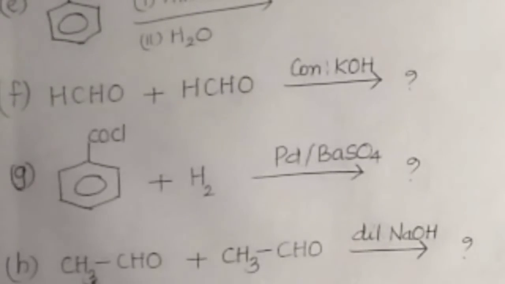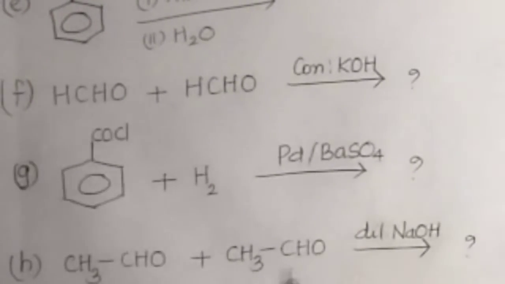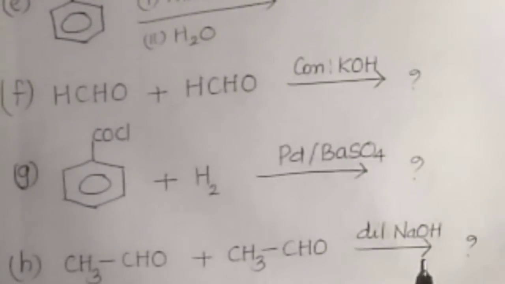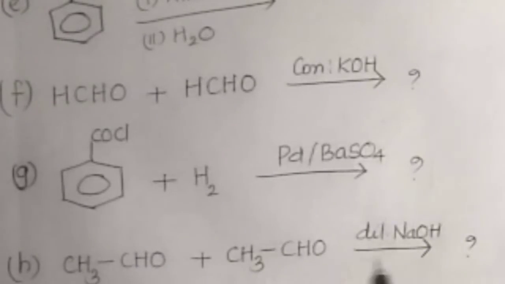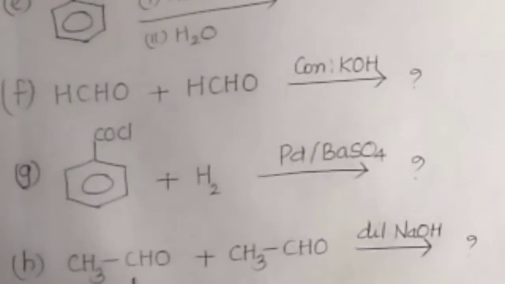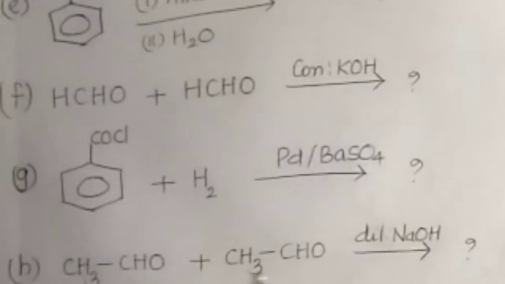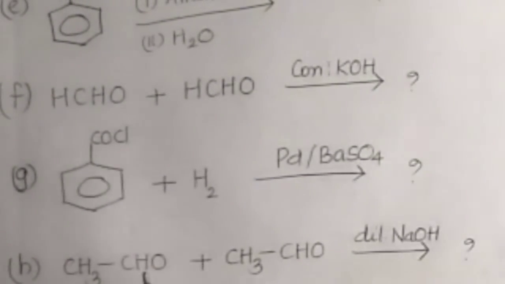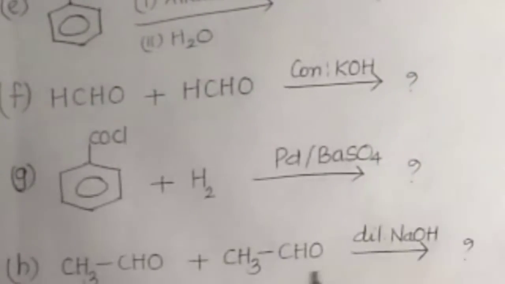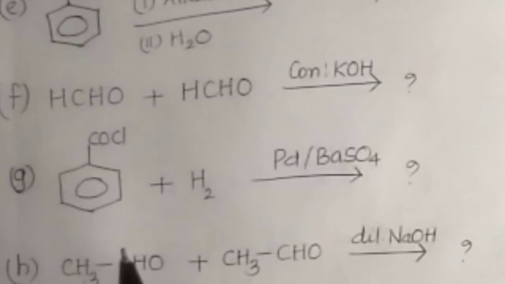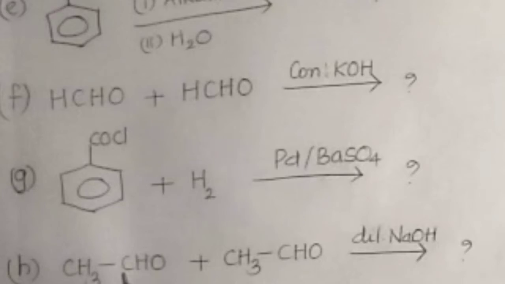Next question, CH3CHO plus CH3CHO, dilute NaOH. So in presence of dilute NaOH, two aldehyde molecules react, then it is aldol condensation because these aldehydes consist of alpha hydrogen atom. This is aldehyde functional group.